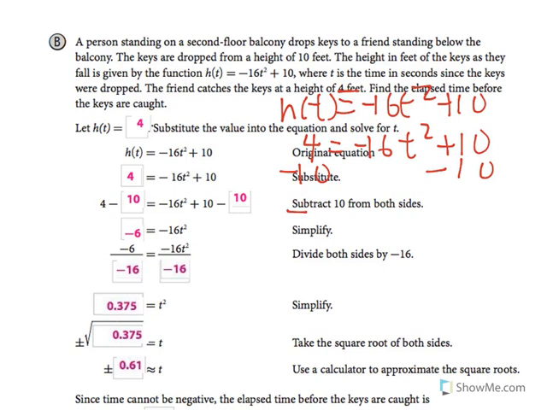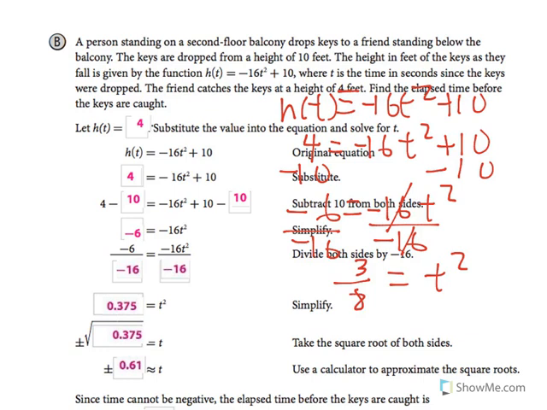So here we have negative 6 equals negative 16t squared. To solve for t, we divide by negative 16 on both sides. Negative divided by negative is a positive, so it gives us t squared equals negative 6 divided by negative 16, which can be reduced by 2, giving us 3 over 8.